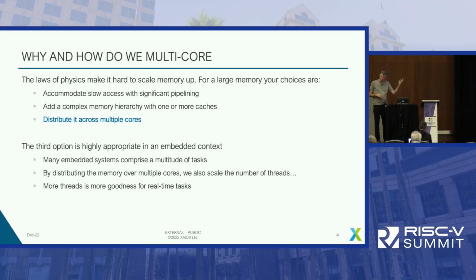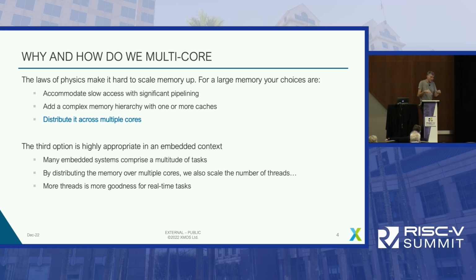We also have multicore, which means that we have multiple blocks, each with 8 harts in it. The reason we do multicore is because memory doesn't scale very well physically. There's just a limit to how much memory you can stick in a core before it bloats the core and makes it very slow. In our current process node, it's about half a megabyte we can stick in there. But people might want a megabyte or 2 megabytes, and we distribute it across multiple cores.